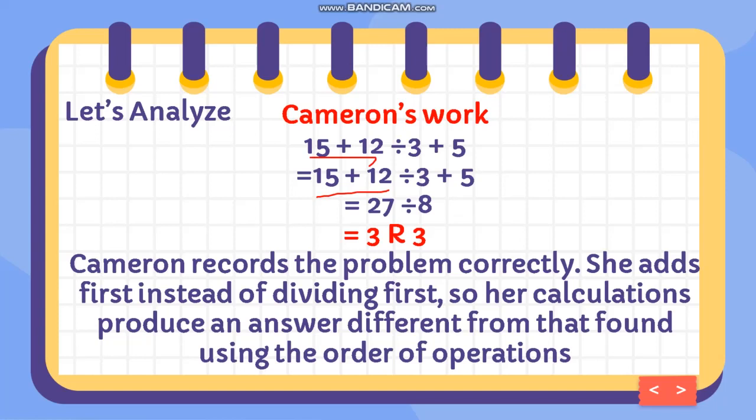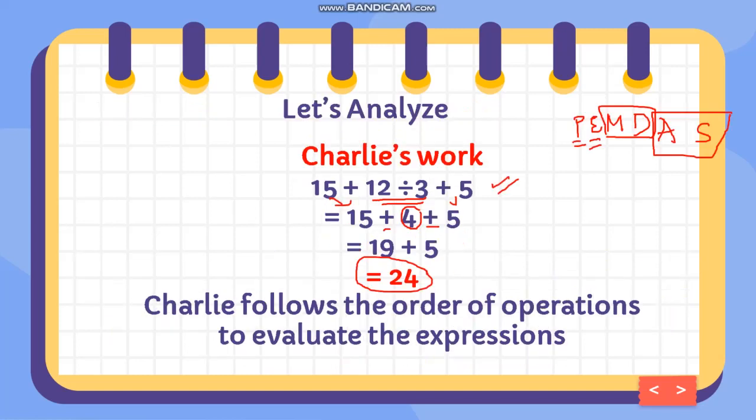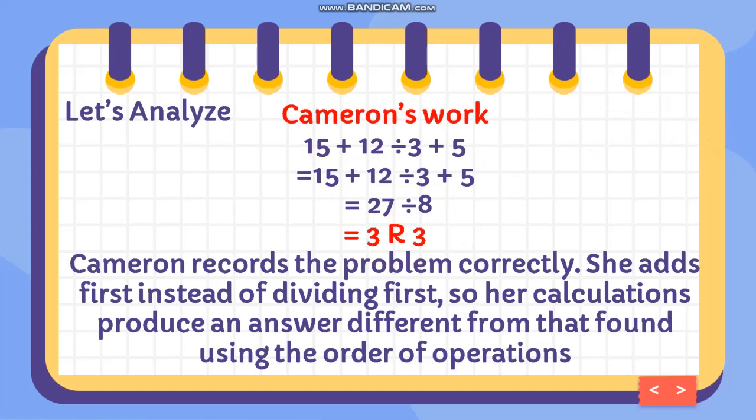So her calculations produce an answer different from that found using the order of operations. So it means if you did not follow the rule, which is the PEMDAS rule, using the order of operations, your answer is different. Your answer is wrong. So Cameron's work is not correct, but Charlie's work is the correct one.